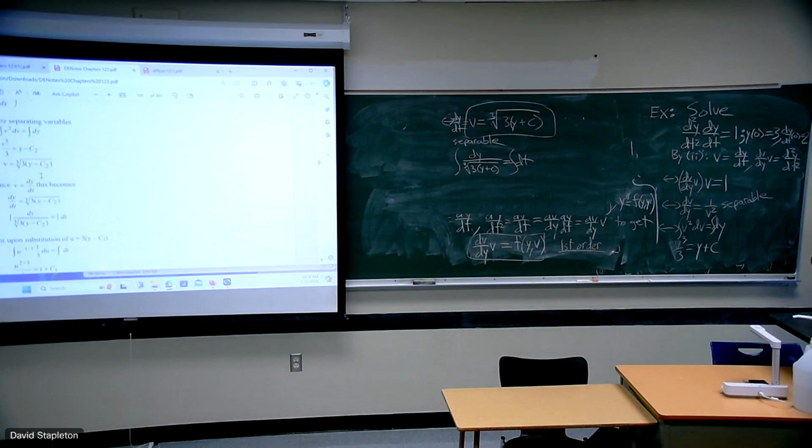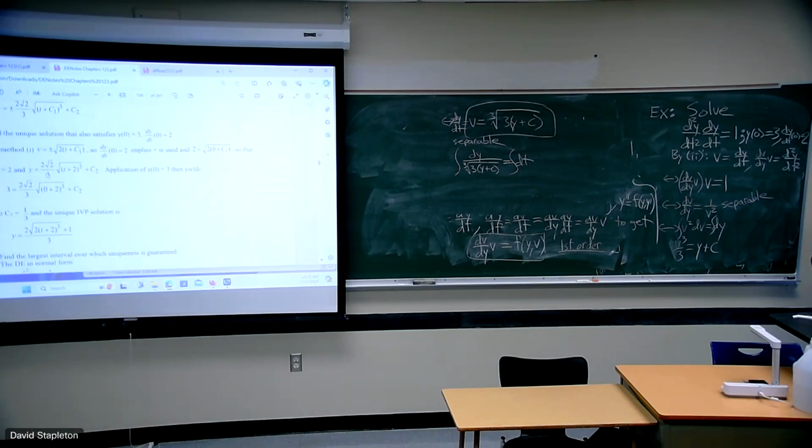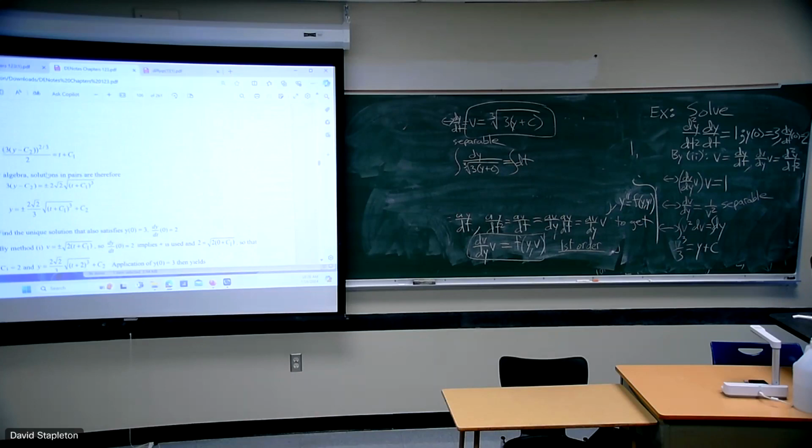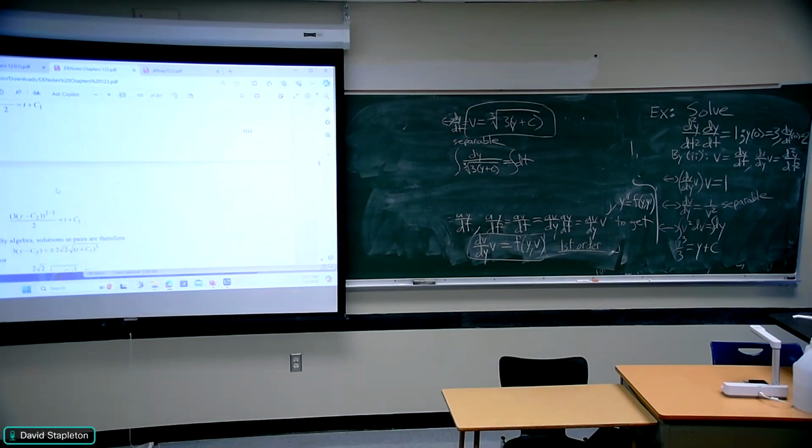This is the second part here. There it is, okay, and so, you can substitute u equals 3 times y plus c in there, and you integrate this to get, with a lot of algebra, so maybe we better put dot, dot, dot.